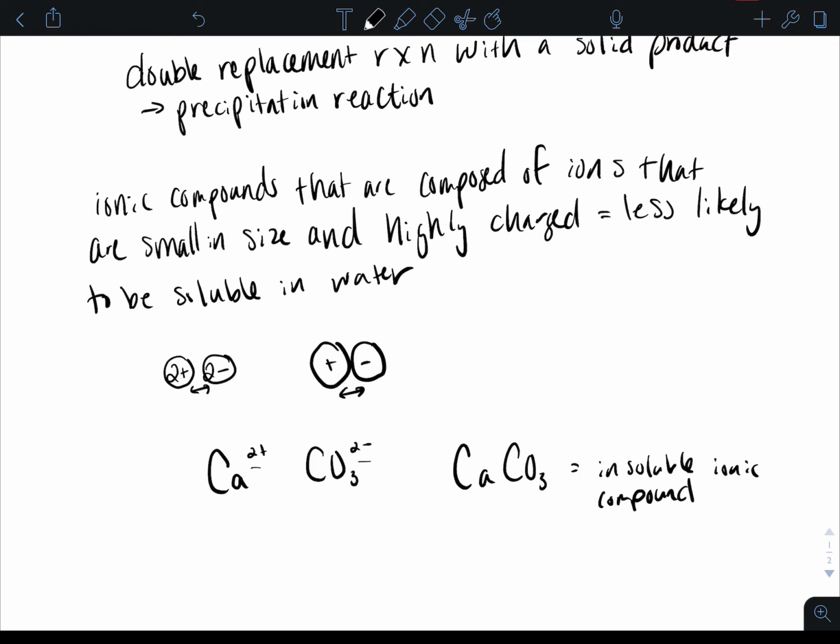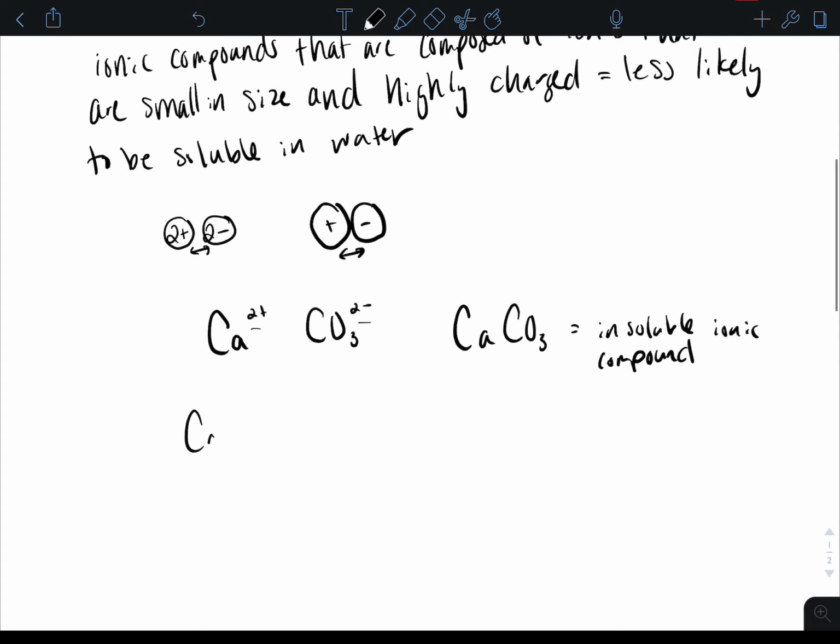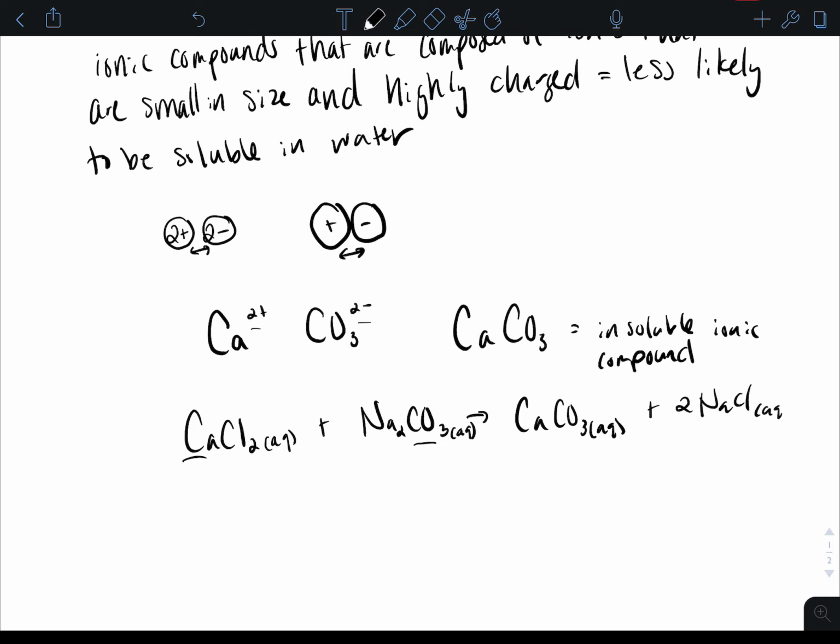Or if you mix two aqueous substances that have calcium and carbonate in them, such as calcium chloride and sodium carbonate, when the calcium and the carbonate are mixed together in this way, they are the thing that is going to precipitate out, because they're going to find each other and just latch on.